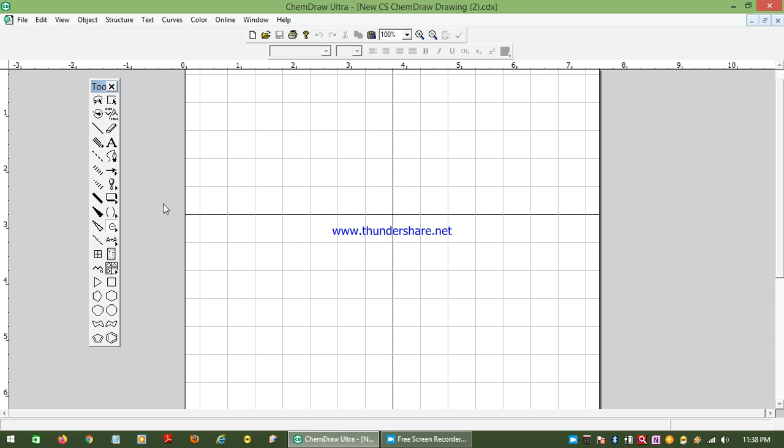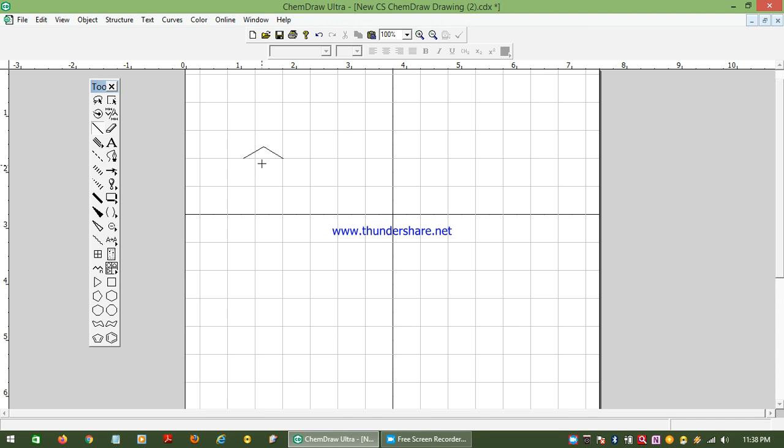Okay, just start with a very simple molecule. You take a bond. While drawing a molecule, you must take care of one thing. Once you get the blue tick at the end of the bond, then you press your left key again.